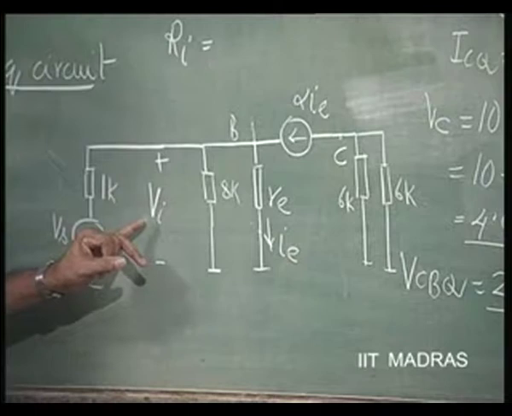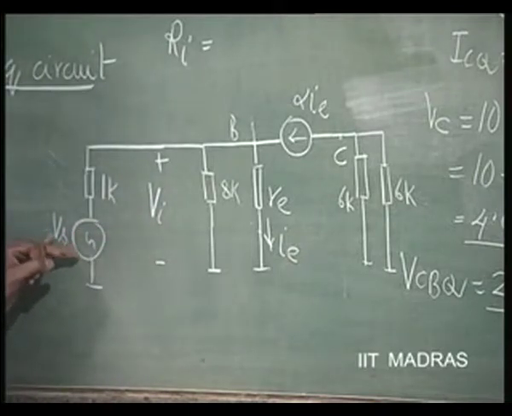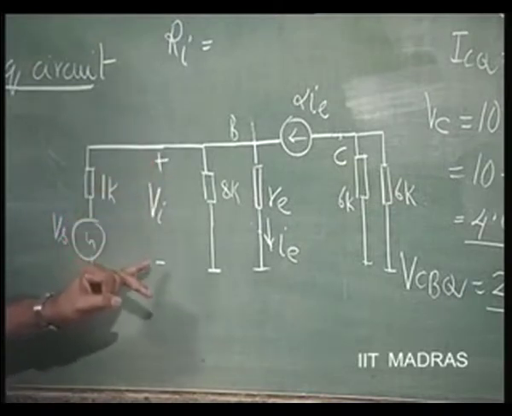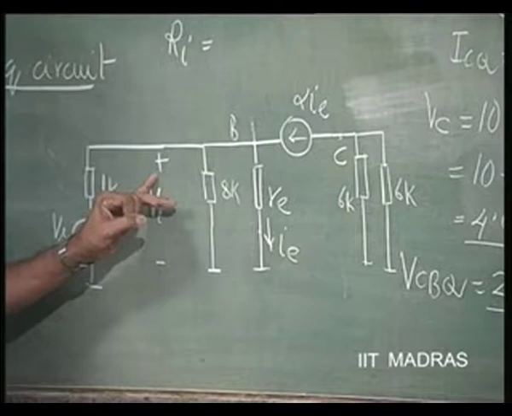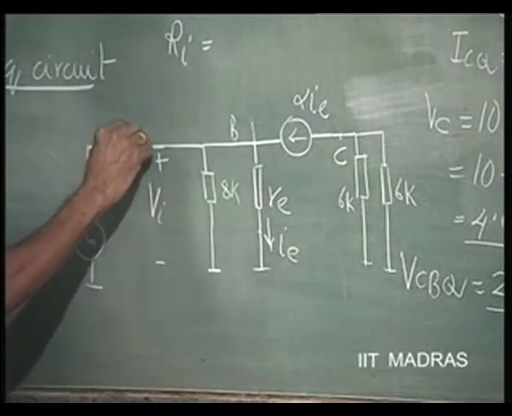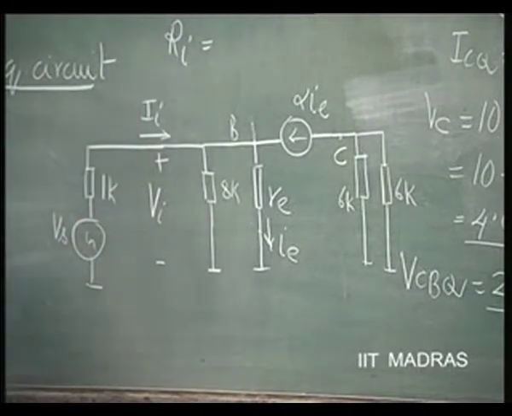We will use the RMS value of voltage, represented by capital V with small subscript i. So, input voltage here is Vi, and the current here is Ii, which we have been earlier calling as delta IB, etc.